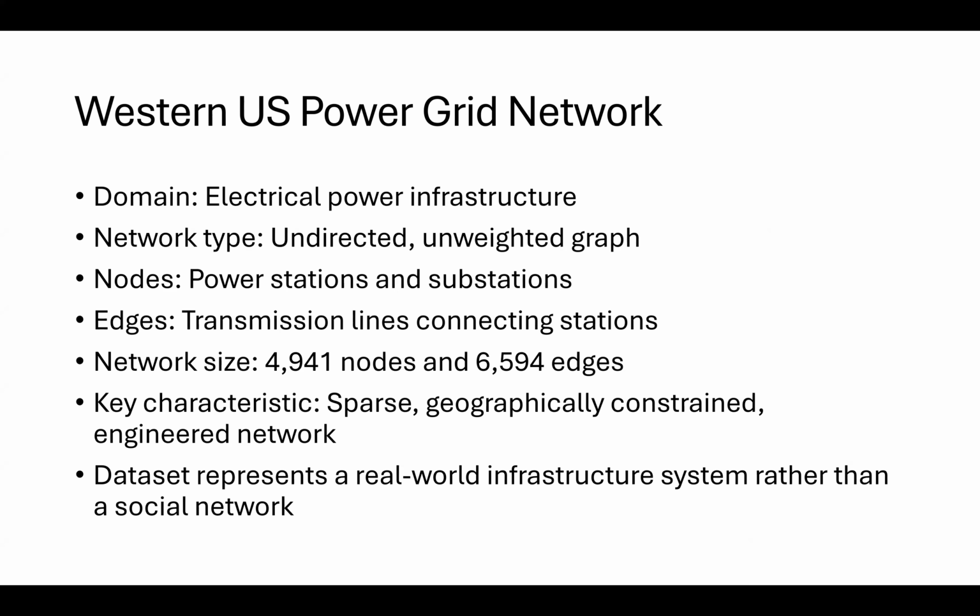This suggests that the network is sparse. Finally, this dataset represents an engineered infrastructure network. We expect its structure to be shaped by geography, cost, and reliability considerations rather than random formation.